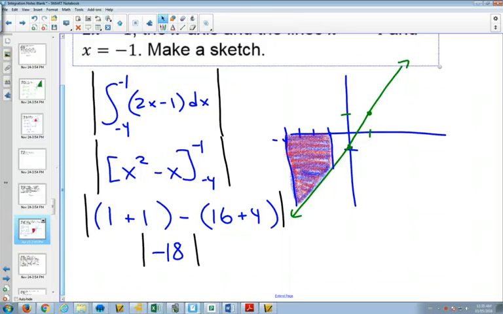And then my final answer is going to equal +18 because an area is going to be a positive number. It could have units if this was some sort of equation that was measuring something, then it could have units. But for this example that we're looking at, there was no units given.